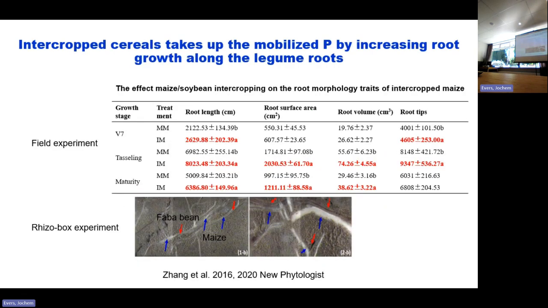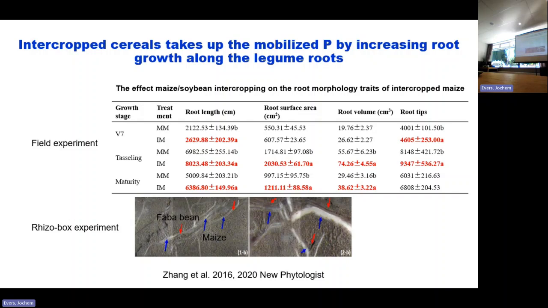And they also found that when the faba bean can mobilize the phosphorus, there are phosphorus patches in the soil, and the neighboring maize, which has a very strong root growth ability, can grow a lot of roots to take up the phosphorus mobilized by their neighboring faba bean.